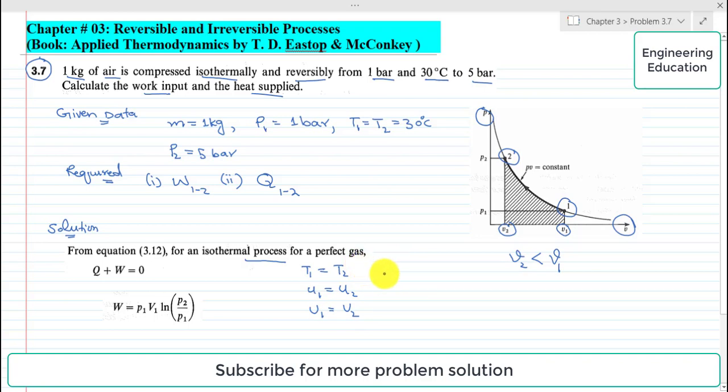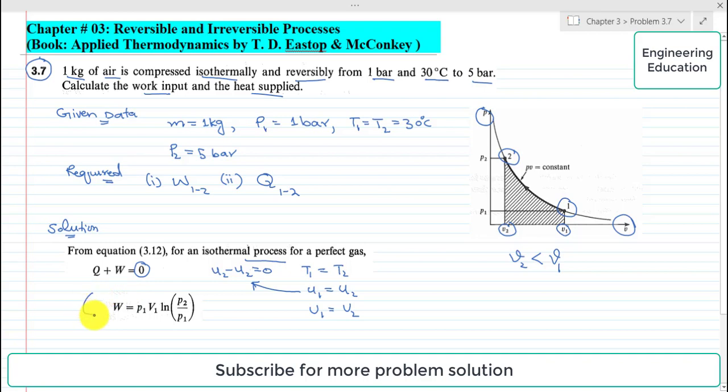So in this case the change in specific internal energy will be equal to 0 because we have same values of specific internal energies, so the difference will be 0. That's why the right hand side for the change in specific internal energy or internal energy is taken as 0.